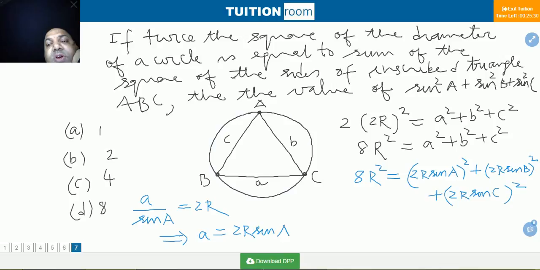We will get here 2. The answer will be 2. Copy it, then I will proceed to the next problem.